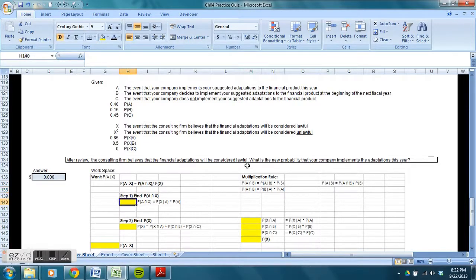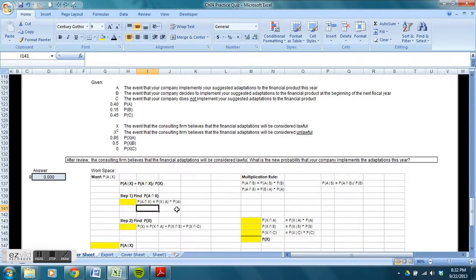Let's break this equation into two parts, the numerator and denominator, and solve for both of them, and then we can get this probability. Step one, solving for the numerator, the probability of A intersect X. Once again, we go back to the multiplication rule: the probability of A intersect X equals the probability of X given A multiplied by the probability of A.